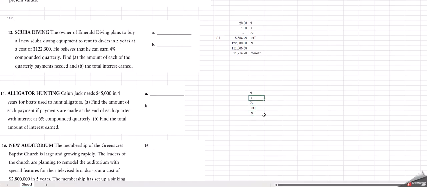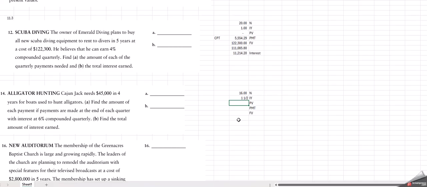So our N is 4 years in quarterly payments. So 4 times 4, we've got 16 quarterly payments. We're earning 6% annually, so 6 divided by 4 is 1.5.